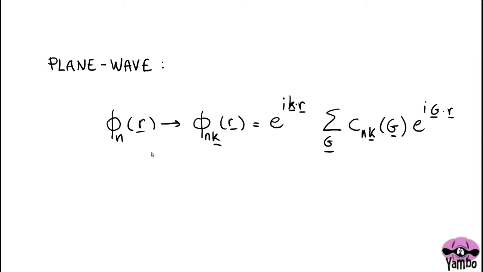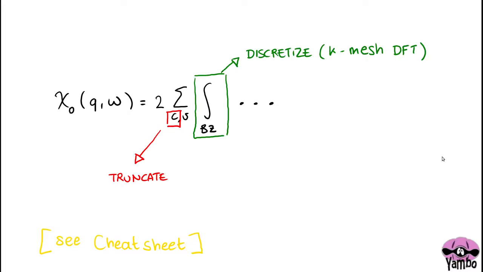Then you can substitute the expansion in plane waves into the previous expression, and if you work it out, it will be quite a complex expression. You will see in the handouts there is something called a cheat sheet, which contains all these expressions, so you can refer to that. But what is important, and what is also highlighted there, are all the sums which need to be truncated.